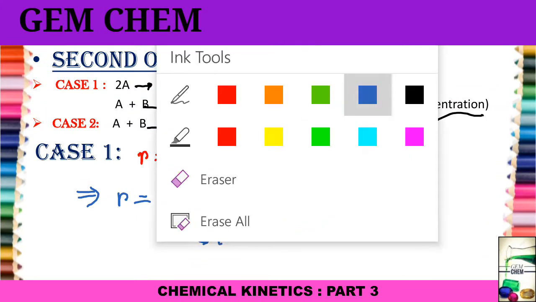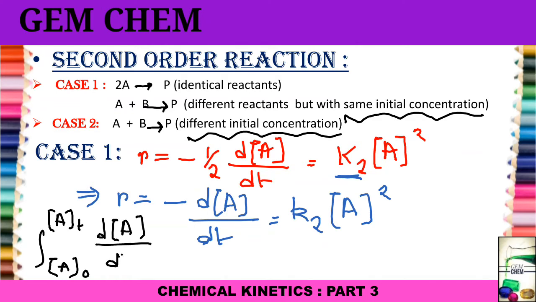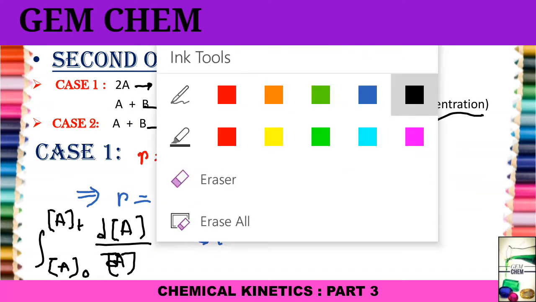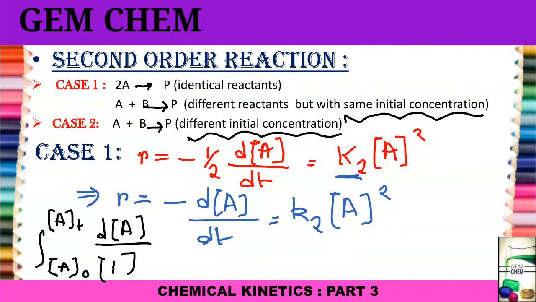Now we need to do the next step as integration. So integration will be from concentration A0 to concentration At, dA by A square, that is concentration of A to the power 2, right? So this will be A square concentration, which equals minus K2 integration 0 to t dt.